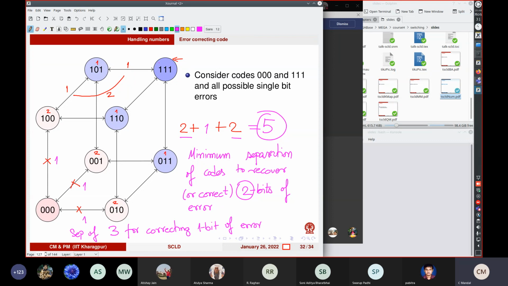If you have 2 bits in error, you would occupy all these nodes marked with 2. All these nodes marked with 2 would get occupied, because if 111 goes in error, then you can get these possible codes.